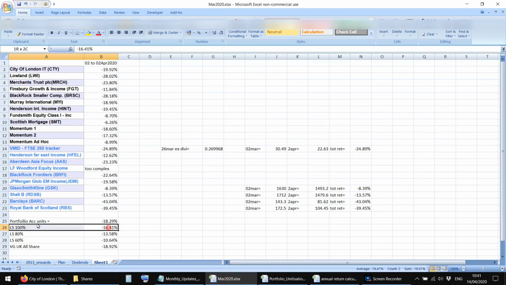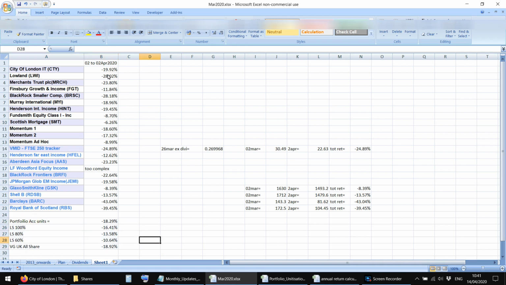Well, I don't know, I think there's more UK in this one than there is in the VWRL. Anyway, as I've said in a previous video, the one with the higher level of bonds, so 20% bonds, has done better than my portfolio, and better than the Life Strategy 100. And then the Vanguard UK All Share Index has done a little bit worse than my portfolio, so it's not much, but it's some kind of encouragement.